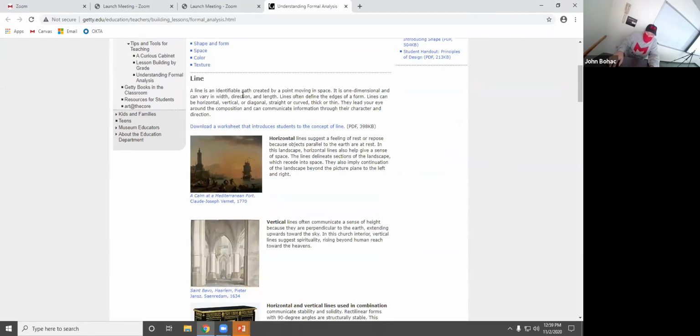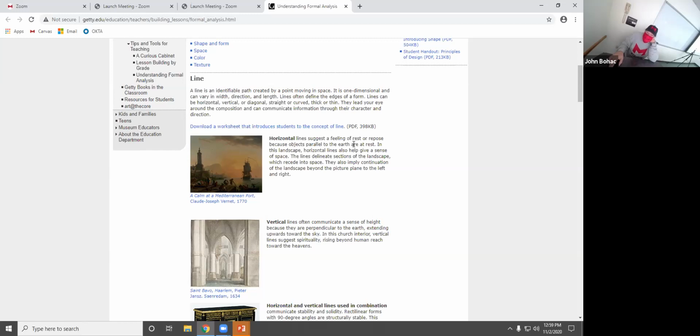And so line defines it. Those of you who are studio artists probably know a lot of this already, but there's a worksheet that introduces students to the concept of line. Horizontal, this is an element.